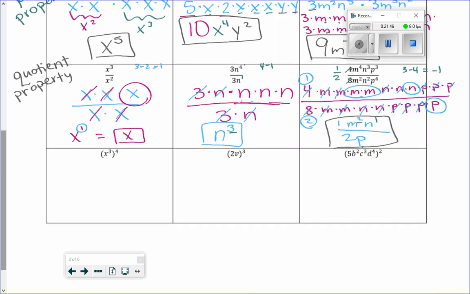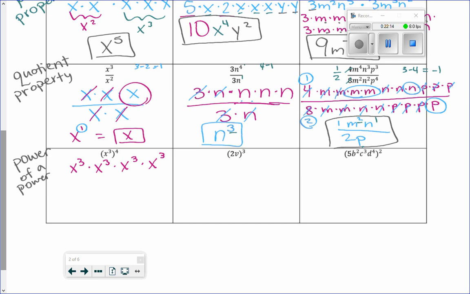All right, this last section is the power of a power. There are a few ways we could expand this first. I could write this as x cubed times itself 4 times, because that whole product inside the parentheses is being raised to the power of 4.